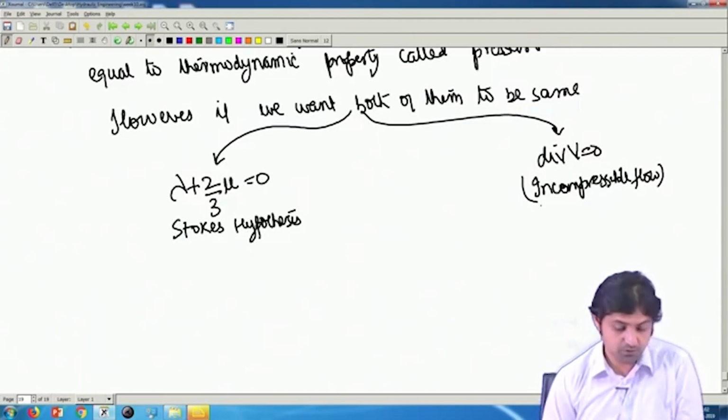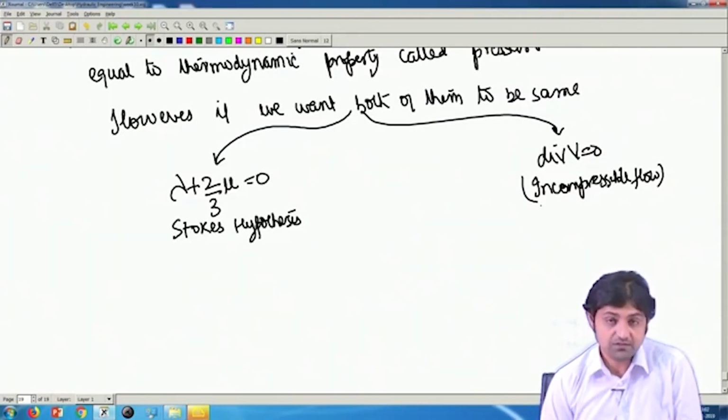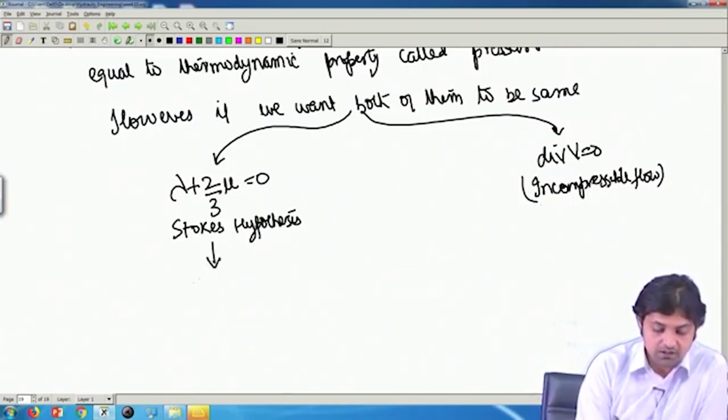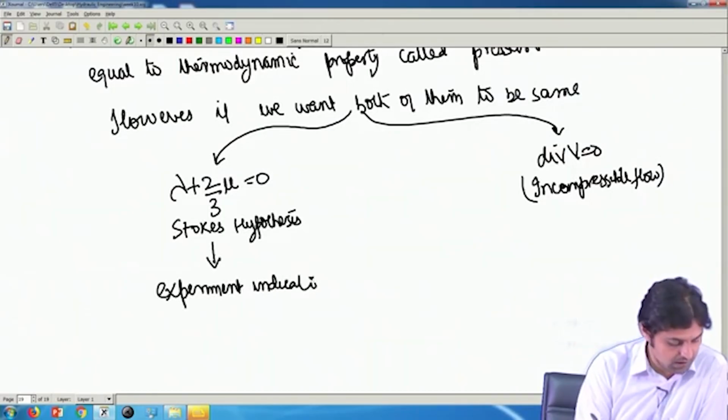Now coming back to the Stokes hypothesis, it says even in case of compressible fluid, if lambda plus 2/3 mu is equal to 0, then we can have this. However, the experiments indicate that it's rare.